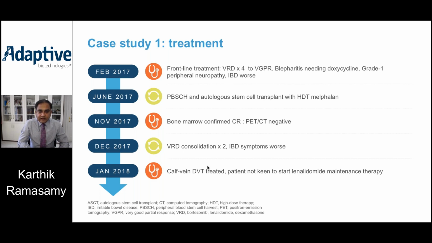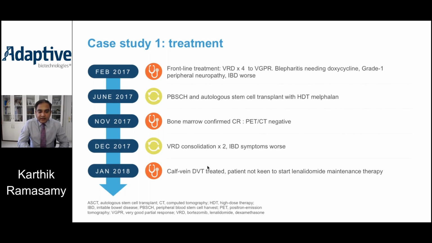Thankfully, she achieved a good response, and therefore we moved on to stem cell collection and autologous stem cell transplant with melphalan in June 2017. In the post-transplant state in November 2017, the bone marrow confirmed complete remission, and I did a PET CT scan, which was also negative.